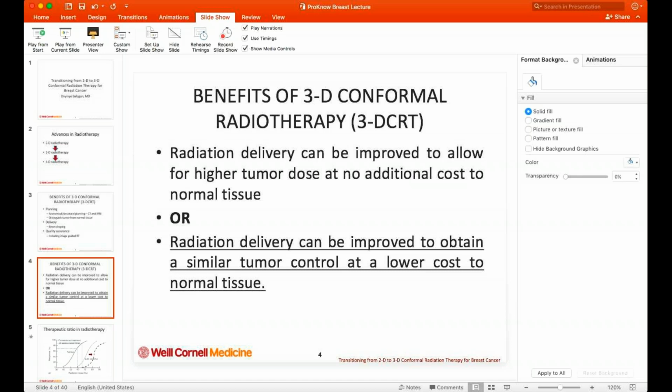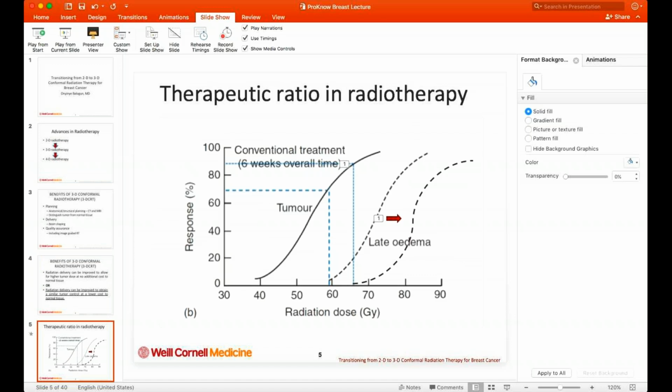And that concept is described as the therapeutic ratio in radiation therapy. The main idea is that as the dose increases, your ability to control the tumor usually increases. But you also have this risk of side effects to the normal tissues, which is usually shaped as a sigmoid.